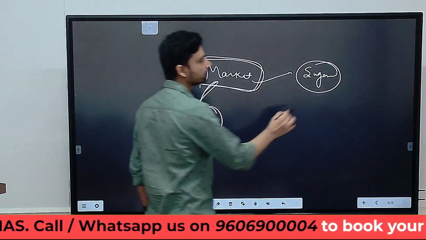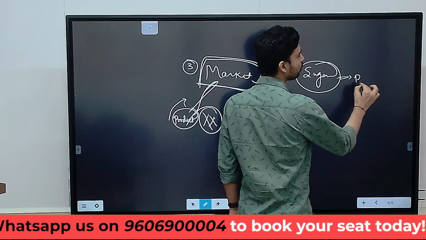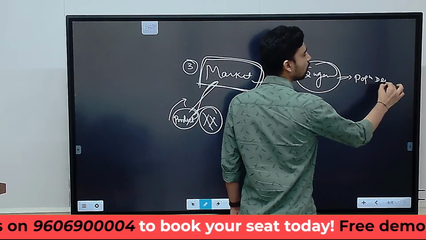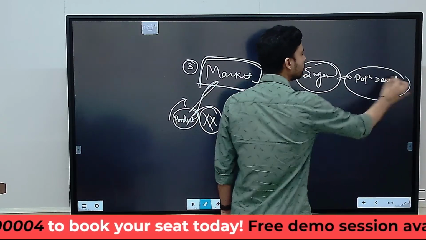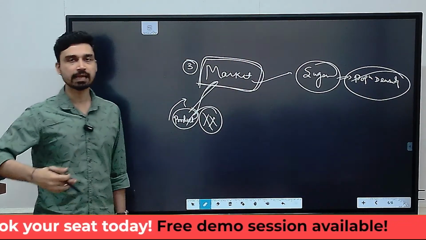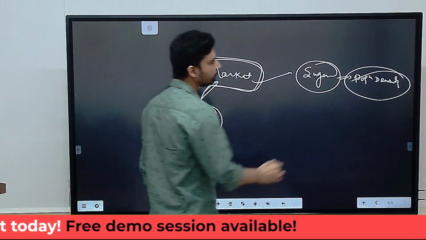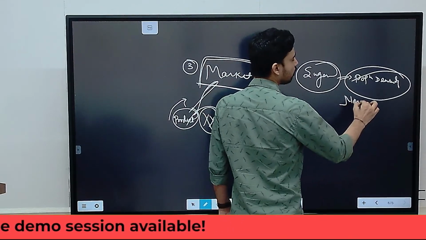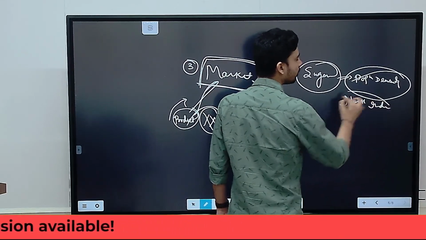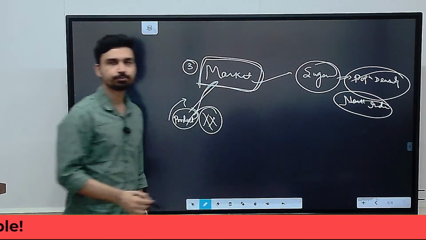Thus, sugar consumption is directly dependent on the population density. So obviously most of the sugar mills of India up till at least the 1970s were situated where? They were situated in North India. So this is one example of a market based industry.